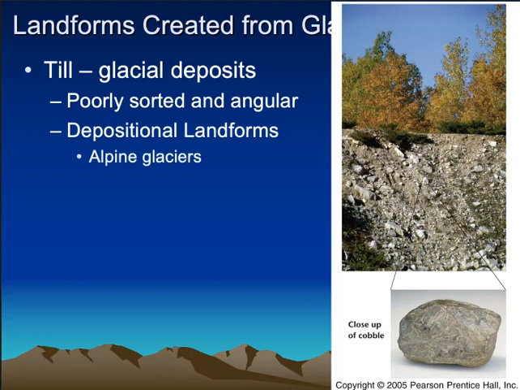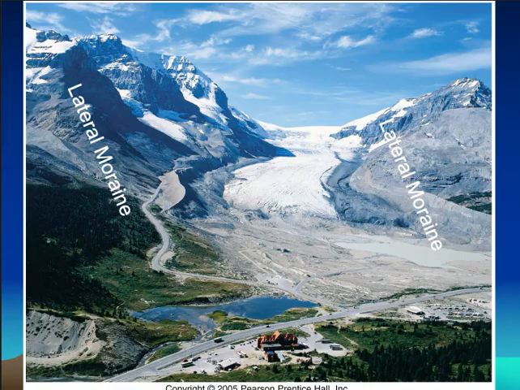Two common features that form as alpine glaciers recede are lateral moraines and medial moraines. So here we have a receding alpine glacier. At one point, it appears that the alpine glacier might have extended all the way down to here.